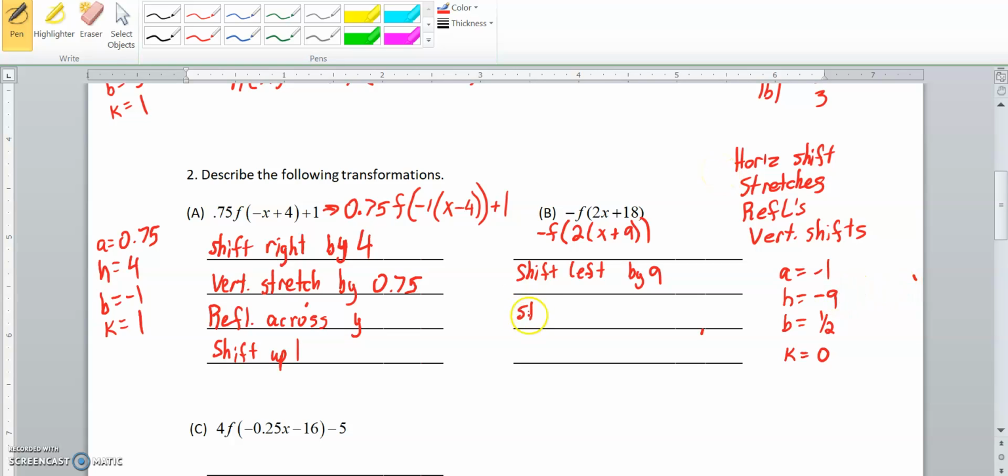Stretches. We do have a stretch. Sorry, that's a horizontal stretch by, I'm sorry, I messed that up. Let me correct this very quickly.